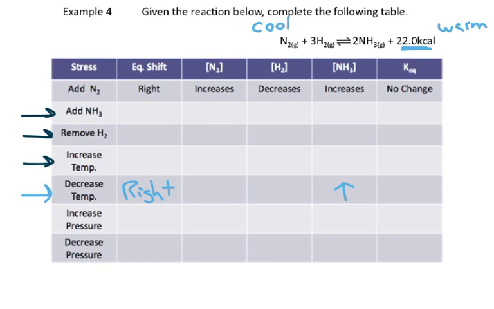And all the substances on the left will have their concentrations decrease, the N2 and the H2. Temperature, again, is the only stress that will cause the value of KEQ to change. And since we're shifting to the right, the KEQ will increase.